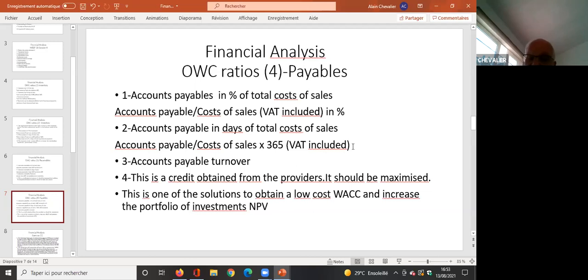So you will find the same question you found with the receivables, particularly in growing economies where resources and capacity of production are limited by high demand from the customer.